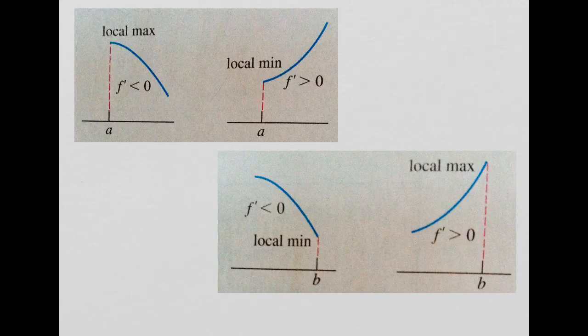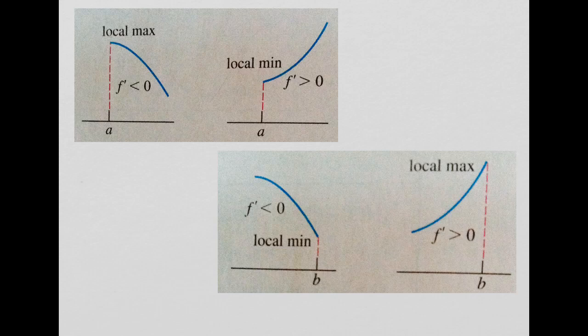So the same thing happens on the right end as it happened on the left. If everything leading up to the right end is a negative slope, then B would be a local minimum. But if everything to the left of B is a positive slope, that means that we're heading towards a local maximum. Of course, the only difference between it being a local minimum or maximum versus a global minimum or maximum just depends on what happens on the rest of the graph.